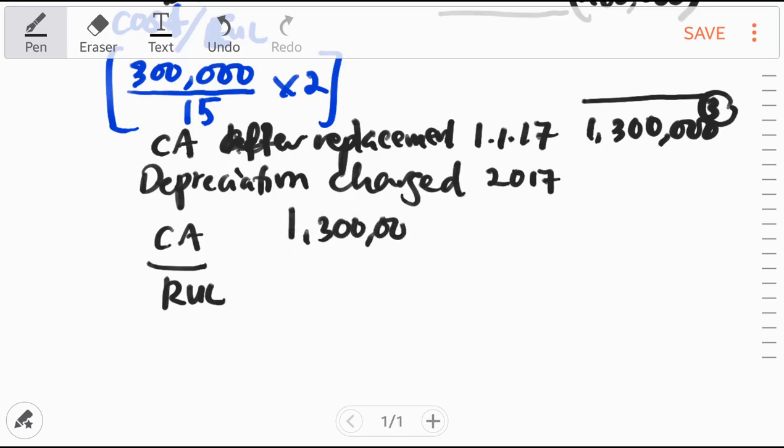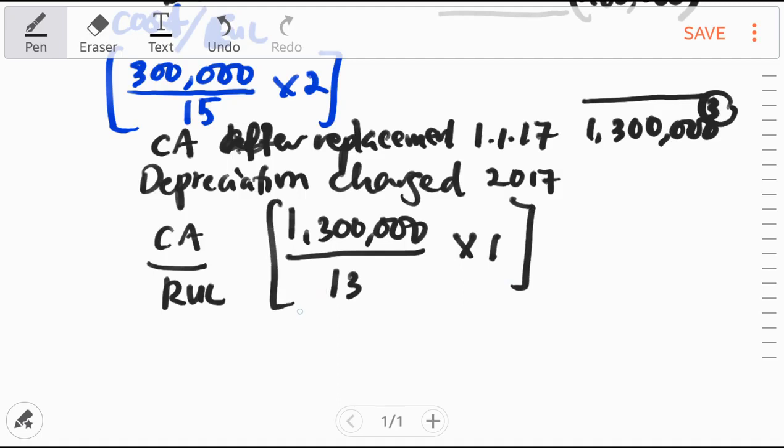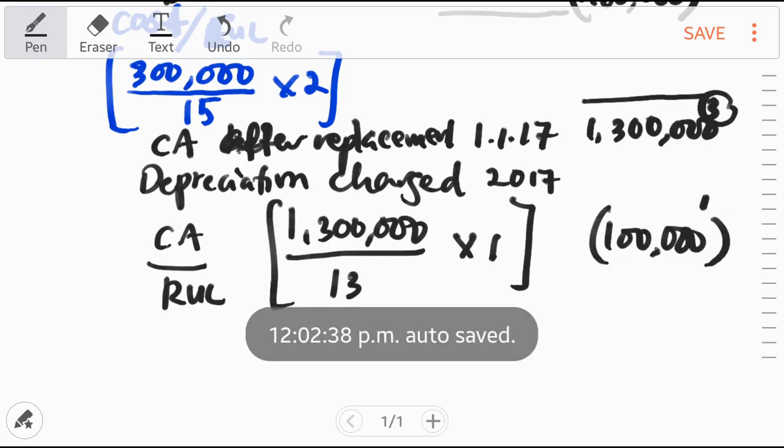So it would be 1.3 million divided by 13 times 1 year. Why 1 year? Nothing is stated, so we assume this is yearly basis. So that will give you 100,000. So this must be explained.